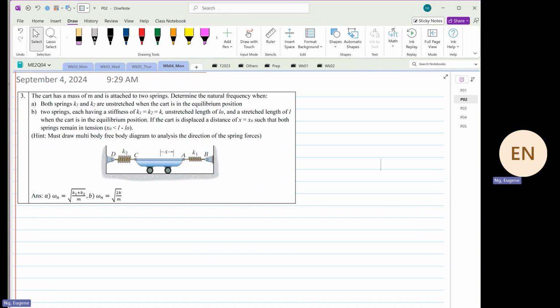I put a hint: must draw multi-body free body diagram to analyze the direction of the spring force.